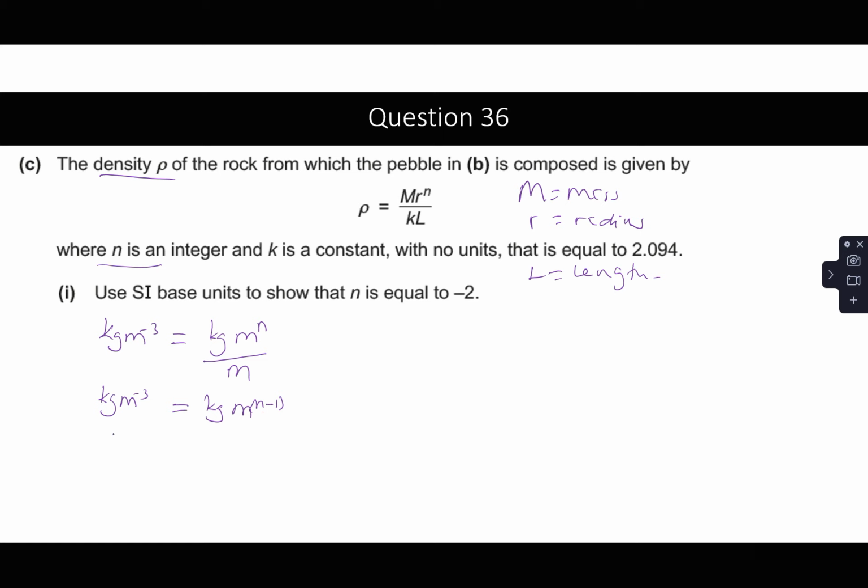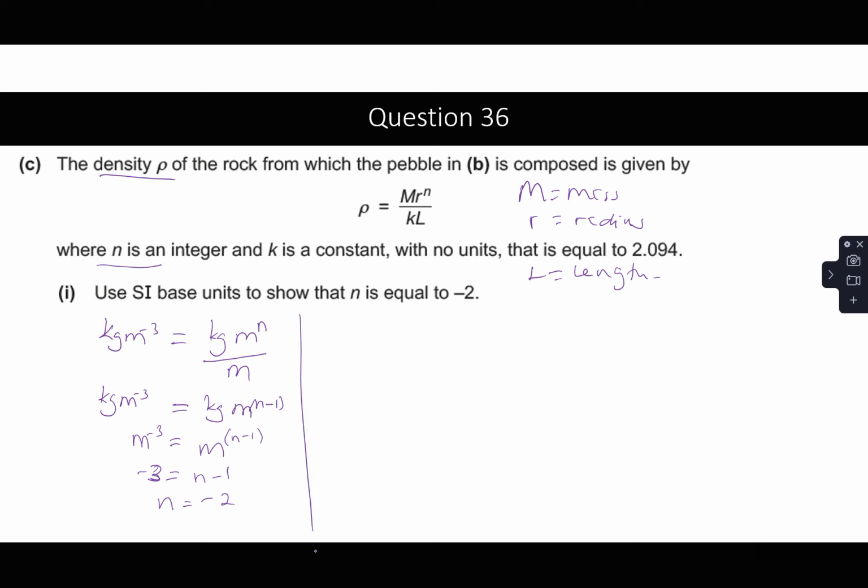So I have m power negative 3 being equal to m power n minus 1. So when I equate the powers, negative 3 is equal to n minus 1. So n becomes negative 2 when I equate the powers.